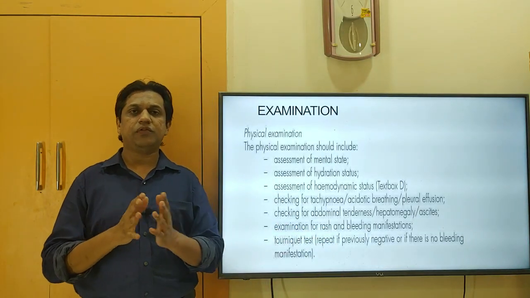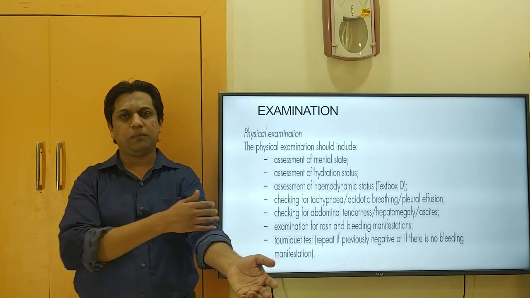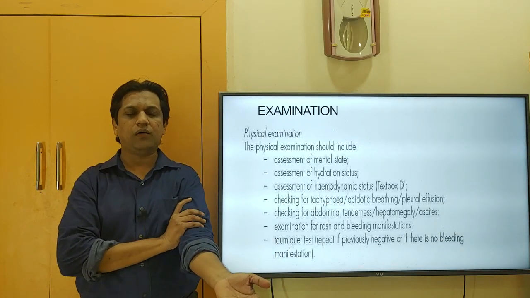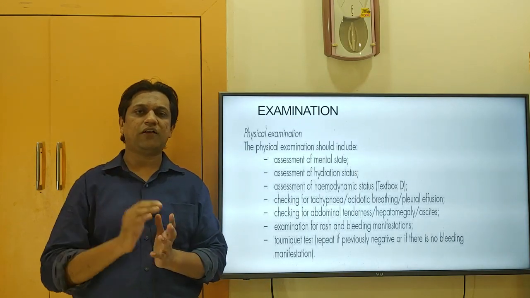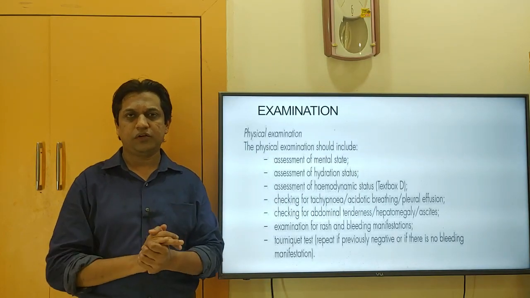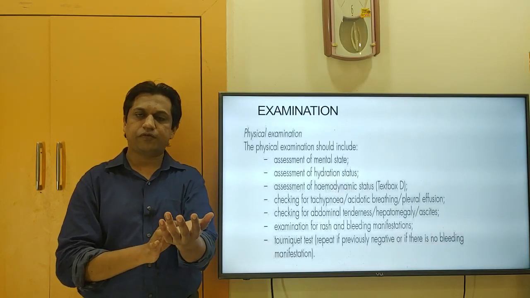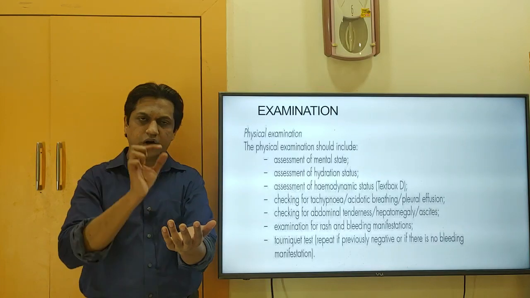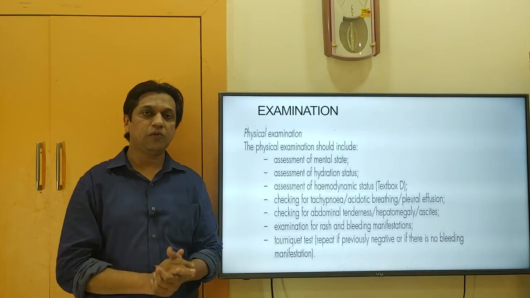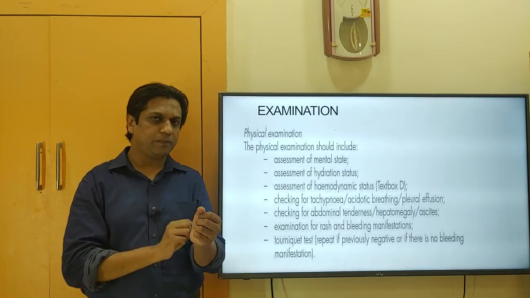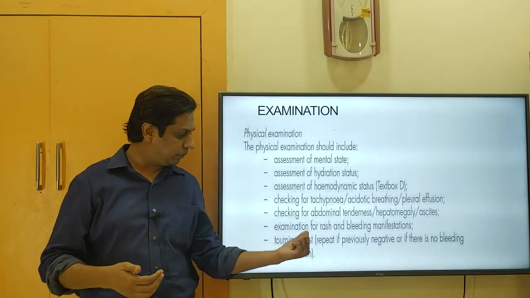In the tourniquet test, the blood pressure cuff is tied on the arm, and the pressure is raised between the systolic and diastolic blood pressure for 5 minutes. After 5 minutes of pressure, if in an area of around 1 square inch there are more than 20 petechial hemorrhages, like red rashes, then it is a positive tourniquet test.